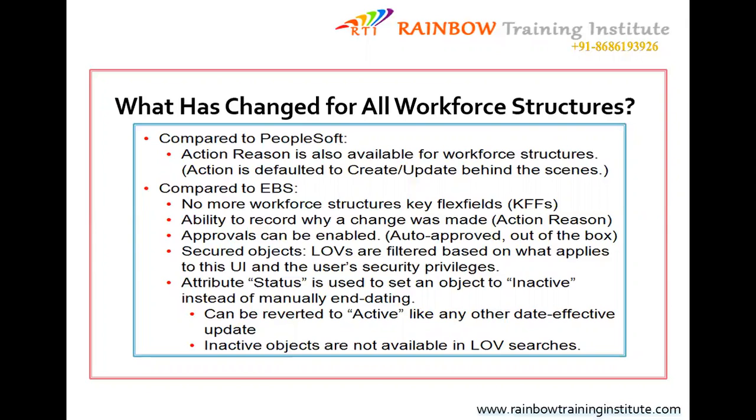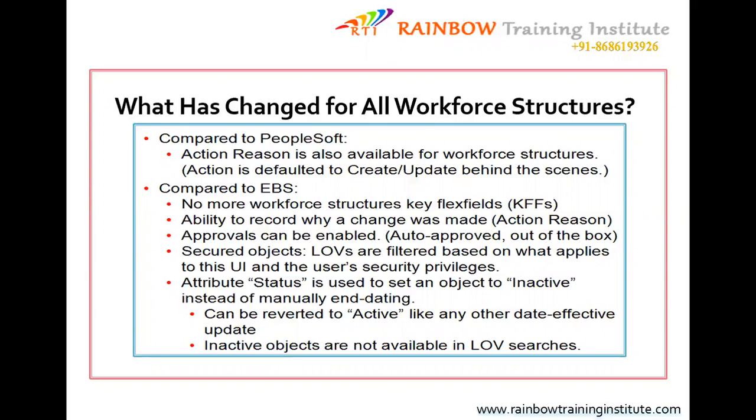Coming to the Fusion applications, for example, if you create a location, an organization, or a department, or if you change a job or a location for the employee, for almost every action you have the approval process enabled as out-of-the-box functionality, and you can route for any approvals.